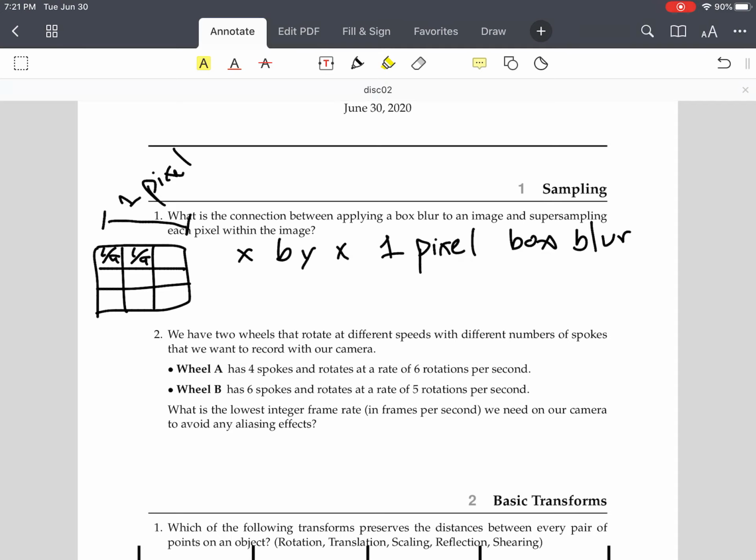Essentially we're breaking this pixel up into a bunch of smaller chunks, averaging them all together, and setting that as a new value for the pixel.